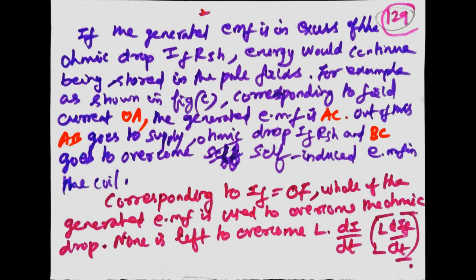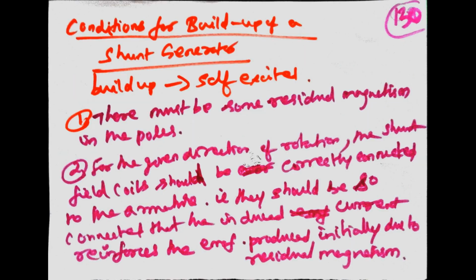Corresponding to IF equal to OF, all of the generated EMF is used to overcome the ohmic drop. None is left to overcome L dIF/dt. That is ohmic drop.